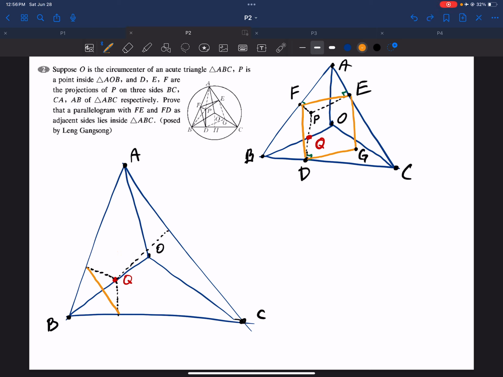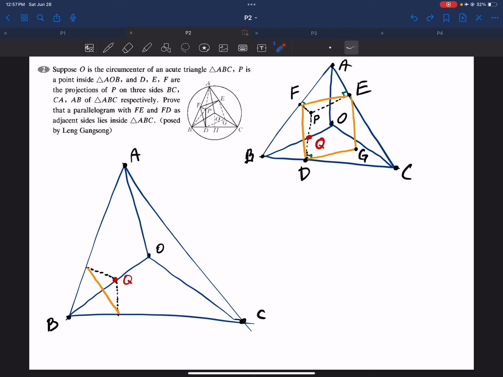What I want to do now is move also this, not to overload the picture. What I want to check is whether this segment is parallel to AC. Why do I think it might be parallel, and why do I think it will help?